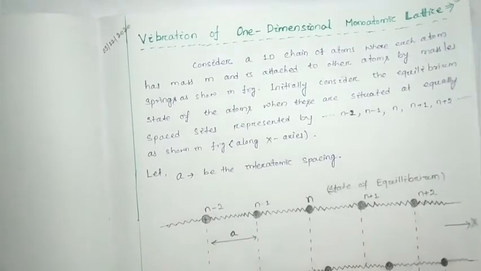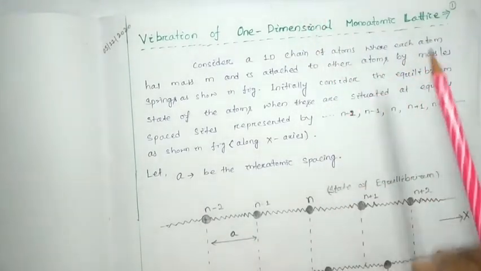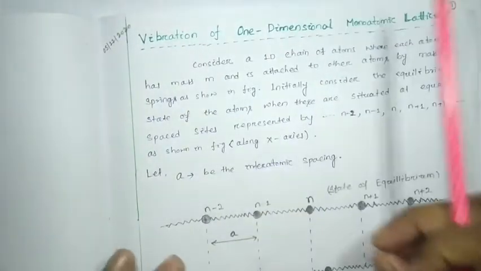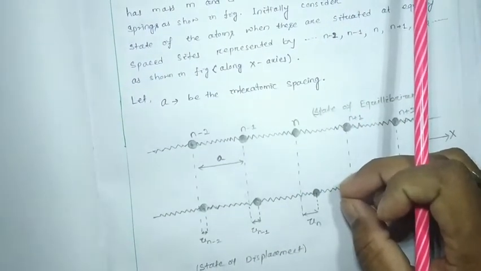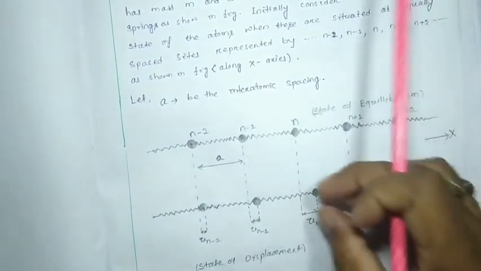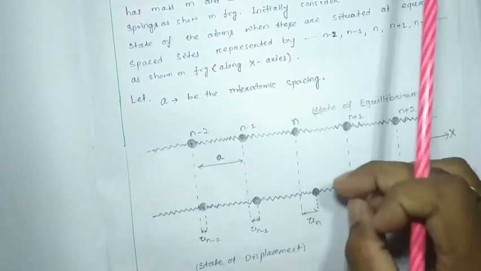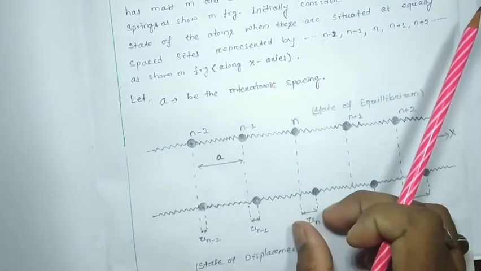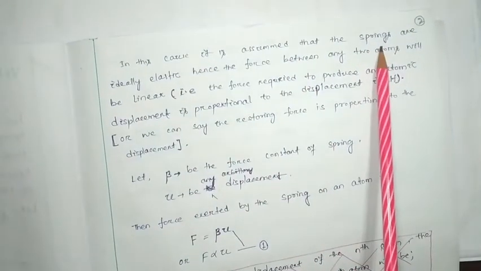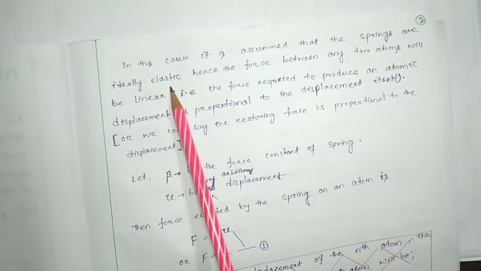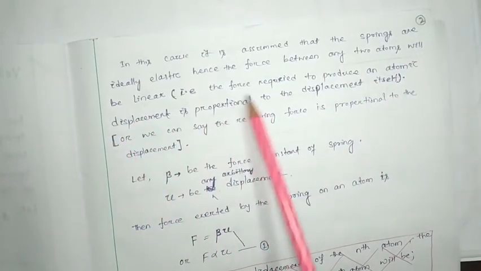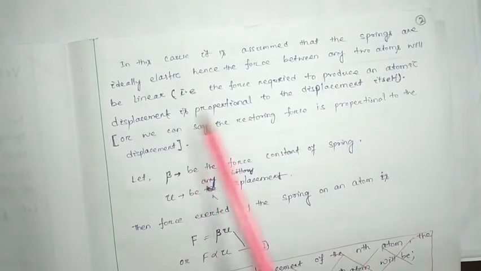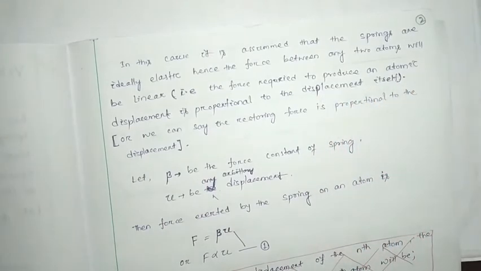That means the force we need to apply to displace the atom in one direction is proportional to the displacement. As the springs are considered ideally elastic, the force between any two atoms will be linear. That is, the force required to produce an atomic displacement is proportional to the displacement itself.